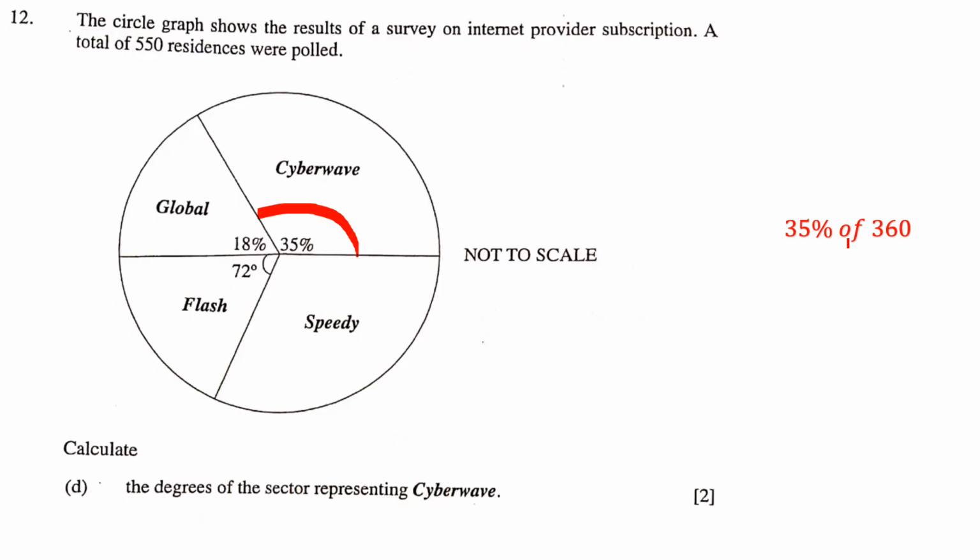And of means multiplication. So 35% times 360, you could put it in your calculator, equals 126 degrees. So the degrees of the sector representing cyber wave is 126 degrees.